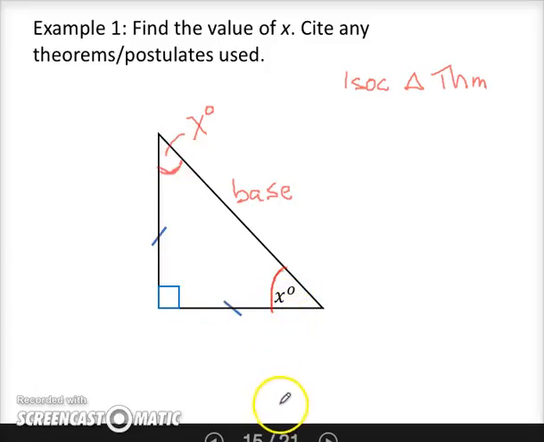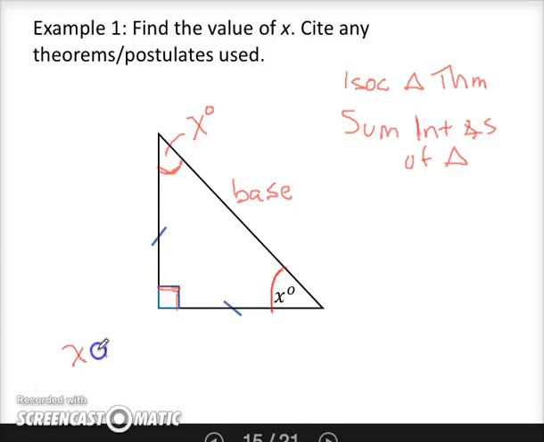So remembering that we have the sum of the interior angles of a triangle theorem, maybe we need to start abbreviating that theorem, tells us that x, plus, here we have 90 degrees marked, must equal 180.